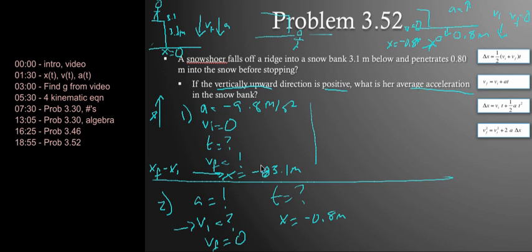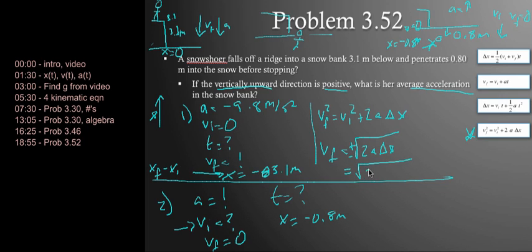So if we don't want to know time, then we pick the one out of these that doesn't have time, and that's this one. So here v final squared is going to be equal to v initial squared plus 2a delta x. So v final is going to be equal to the square root of 2a delta x, and, well, plus or minus.